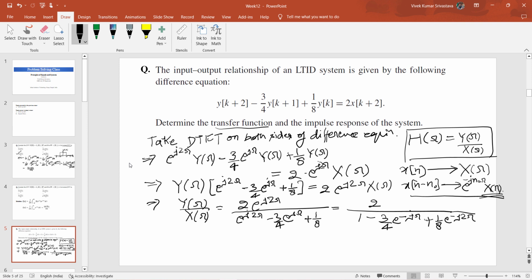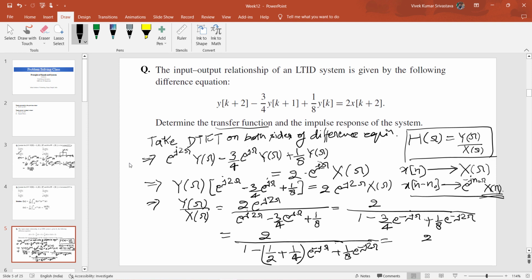Now we can see here that the denominator function is basically having an order of 2, so the denominator has 2 roots. We are now trying to further break it into these 2 roots, plus 1 over 8 e raised to the power minus j 2 omega.